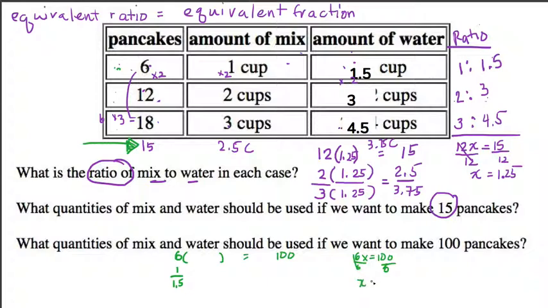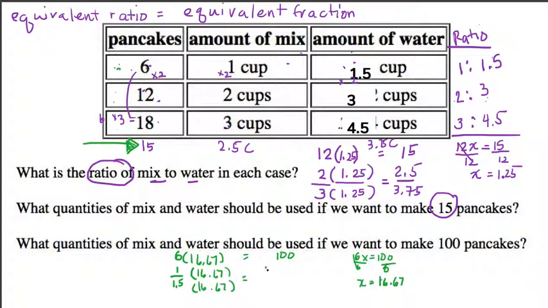okay, x is equal to 16.67, rounded off, okay? So that means 16.67 times 6 would give us roughly 100. So we multiply this by the same factor.